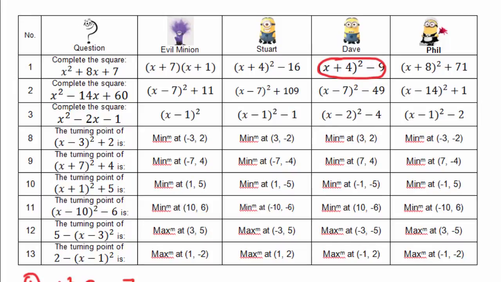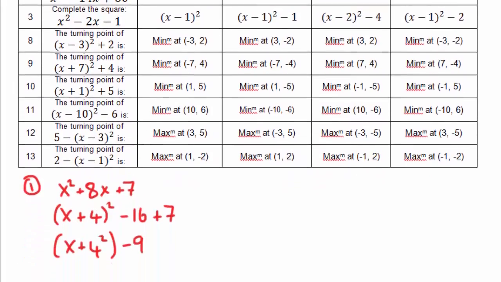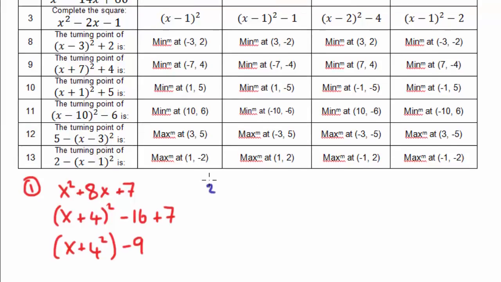Second question is x squared minus 14x plus 60. So that's question 2. It's going to be in this form, x, and then a wee bracket. We look at the middle term, the coefficient, the number in front of it, and it's going to be minus 7. However, that's now introduced minus 7 squared, which is 7 times 7, that is 49.